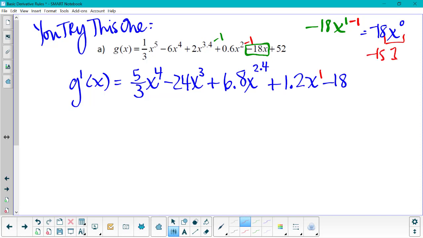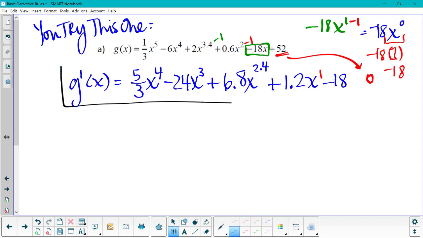So that becomes negative 18 times 1, or negative 18. So when there's just an x to the first power, the derivative is just the coefficient. And we know the derivative of this constant is 0, so we do not put that, although I'm going to just write it to make a note for your notes. So this would be the derivative of that function.